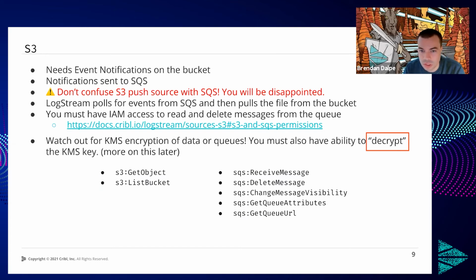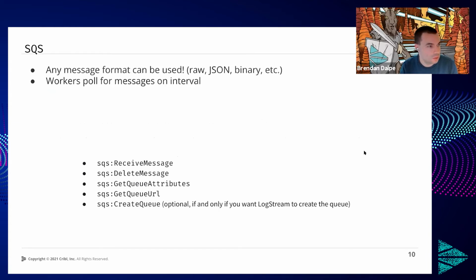This is kind of a gotcha that I see people running into quite frequently: hey, the data is encrypted, I've given it least permissions, but I'm unable to retrieve that data. It's usually, hey, you need to have access to the key itself to retrieve that data. So that's S3 setting up in a nutshell, not super difficult.